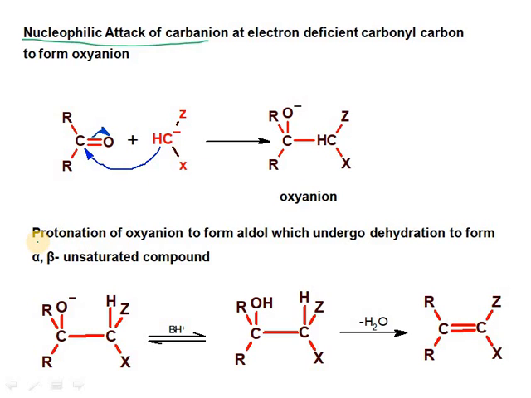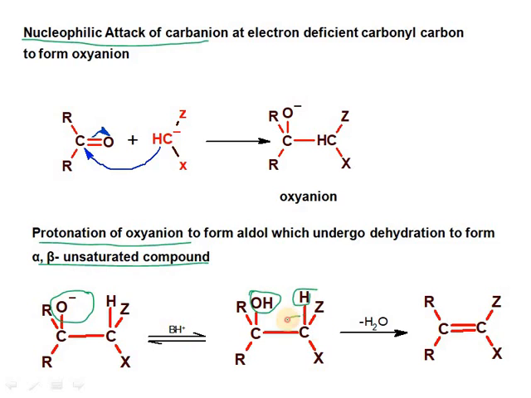And in the third step, what happens? Protonation of the oxyanion forms the aldol, which undergoes dehydration to form alpha beta unsaturated compounds, right? This oxyanion can pick up a proton from the base. So this O minus converts to OH, and then this hydrogen and this OH are removed as a water molecule.